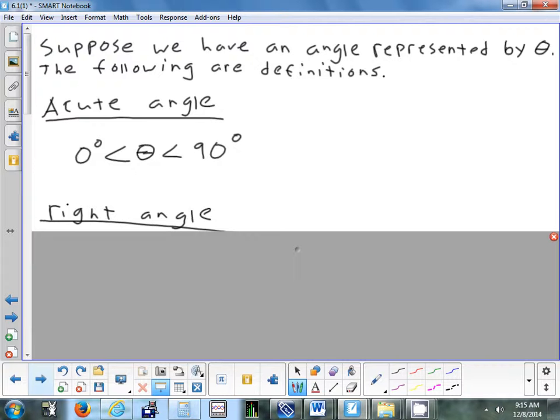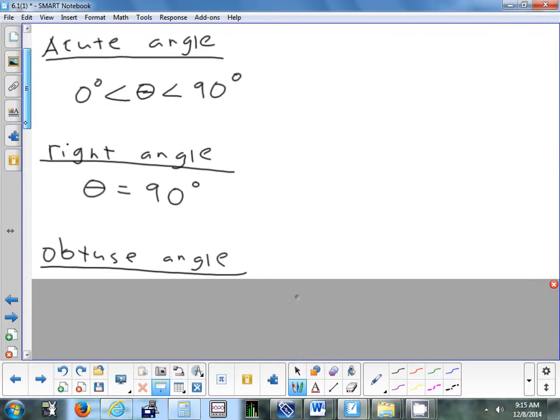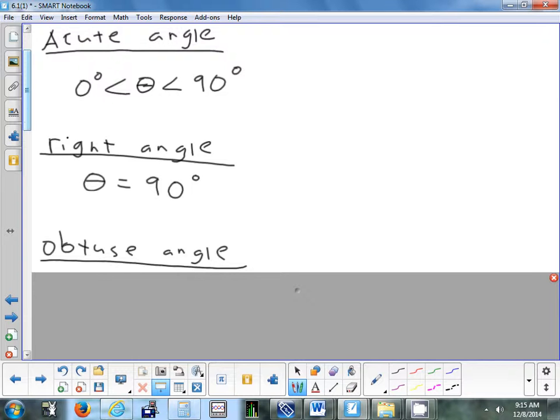Okay, a right angle. Brian, what's a right angle? 90 degrees. Yeah, it's exactly 90 degrees. Again, obtuse angle. What would be the range of angles that would be obtuse between what and what? Yeah, Masan? 0 to 180. 0 to 180?